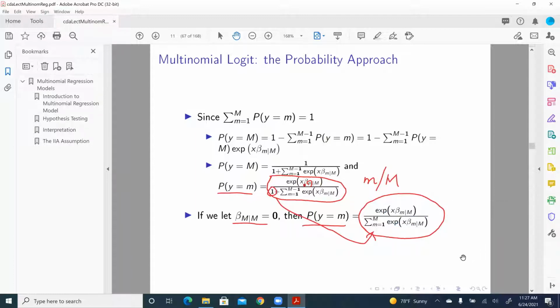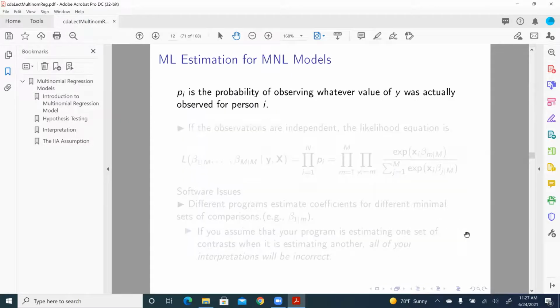That one can be absorbed into the summation, and this makes the expression of a probability simpler, right? And the challenge now is how to figure out these beta coefficients. Well, p_i, that is the individual probability, is the probability of observing whatever value of y was actually observed for person i.